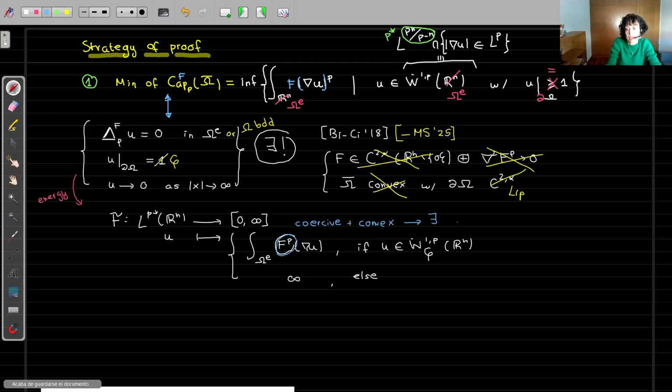So we get existence if your domain is bounded, which in the case of the exterior of omega is not the case. But in the case that it's bounded, we will have existence.